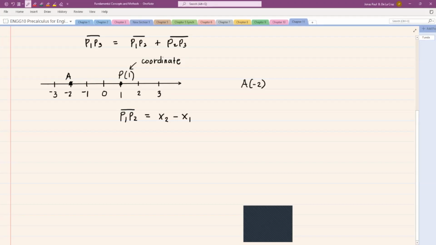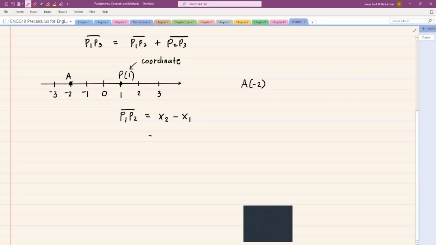For example, our first point is A, our second point is P. Remember, it is like we are traveling, going from point A to point P. So now, what is the directed distance from point A to point P?